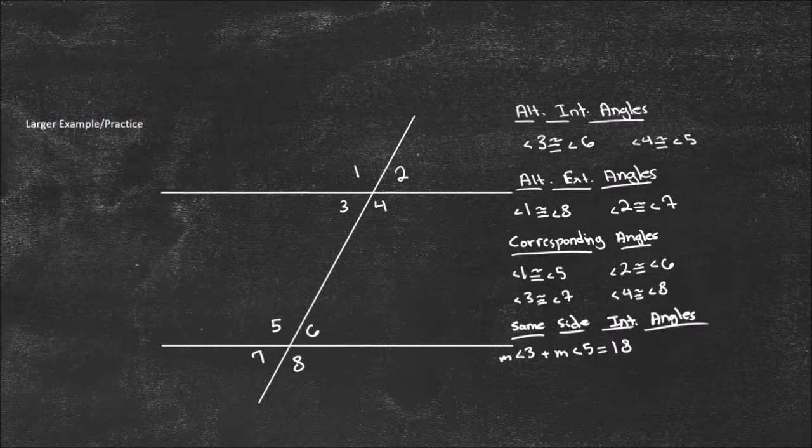They're supplementary. They have to add up to 180 because these are on the same side. They're on the left-hand side of the transversal. So they must be same side interior angles because they're also inside the parallel lines. And the last one is measure of angle 4 plus measure of angle 6 has to equal 180 degrees.